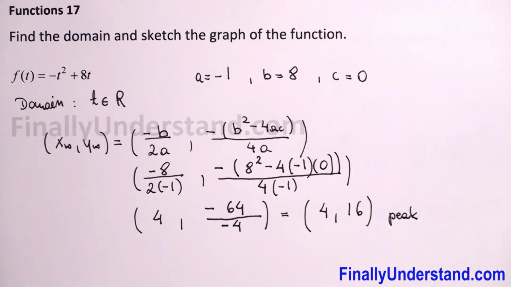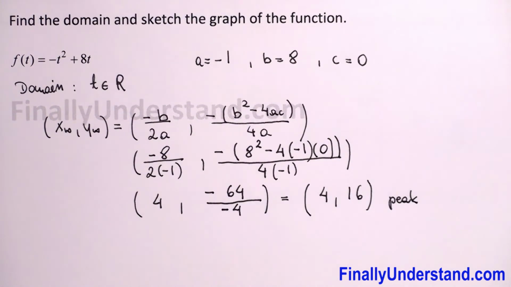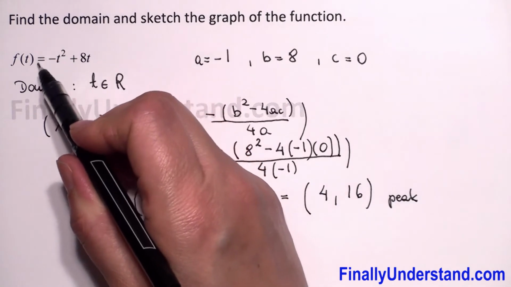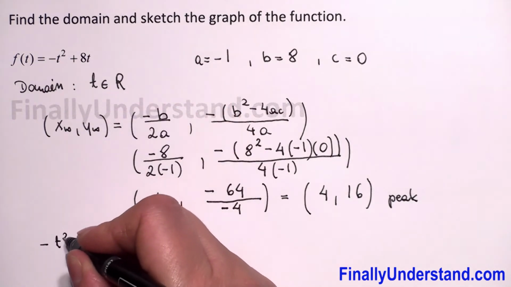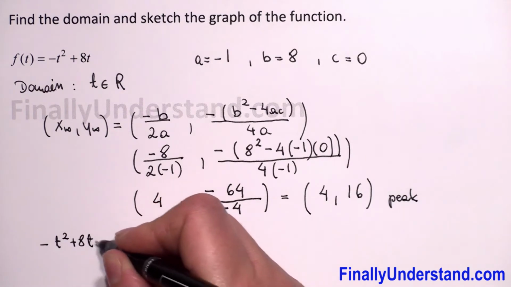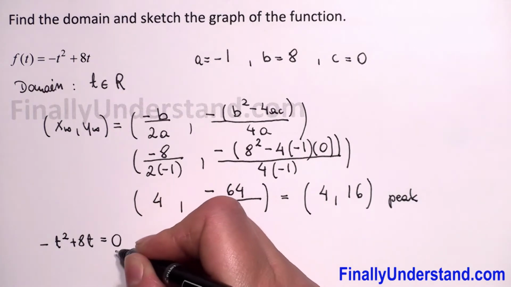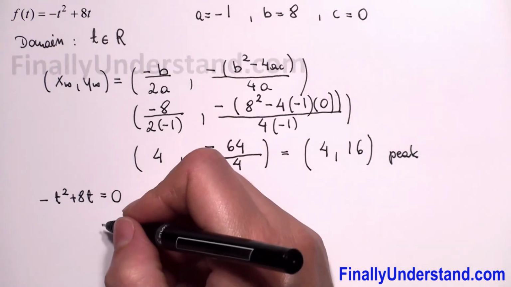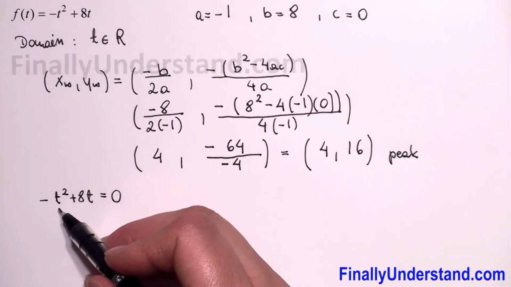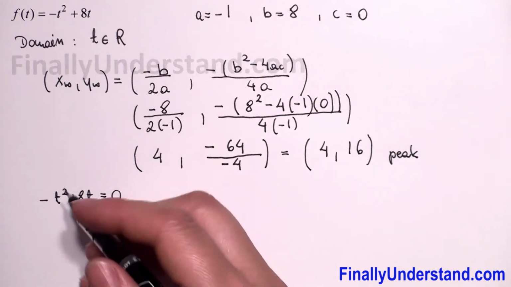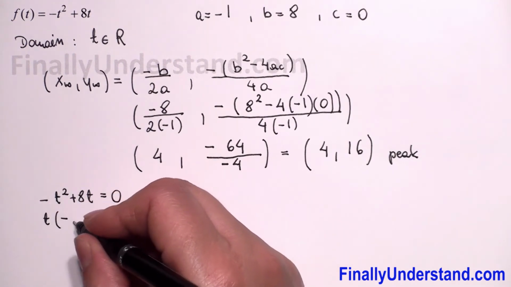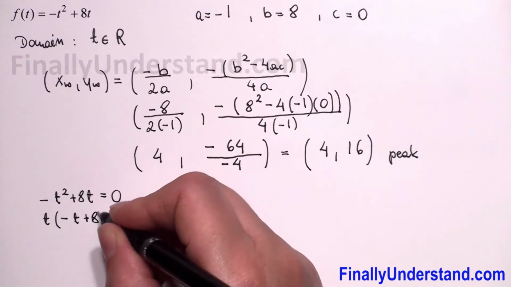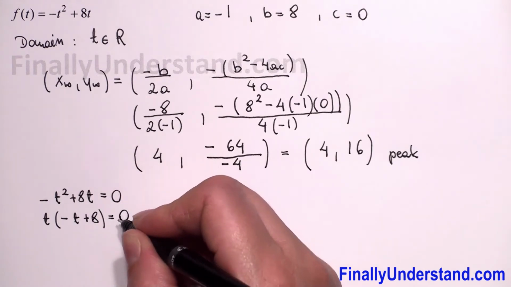Now we have to find the roots. So it means we have to take our function, negative t squared plus 8t is equal 0. We have to solve this equation. We can factorize t. So in parentheses we will have negative t plus 8 equals 0.